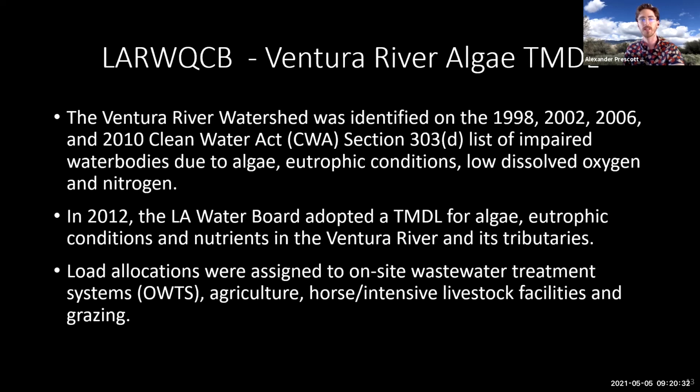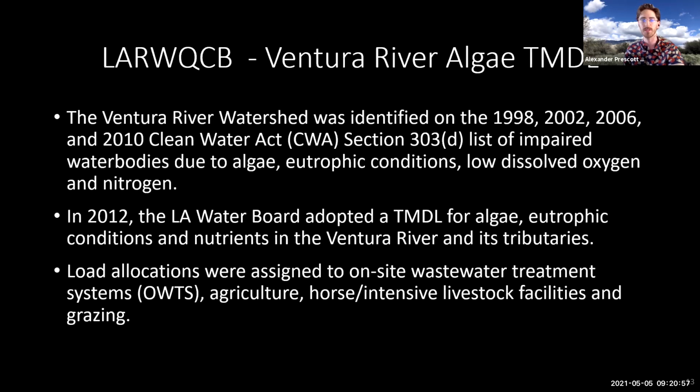In the Ventura River algae TMDL, the load allocations of nitrogen and phosphorus were assigned to on-site wastewater treatment systems, or OWTS, agriculture, horse and intensive livestock facilities, as well as grazing. These load allocations take the form of pounds of total nitrogen and total phosphorus discharged per day under both wet and dry conditions.